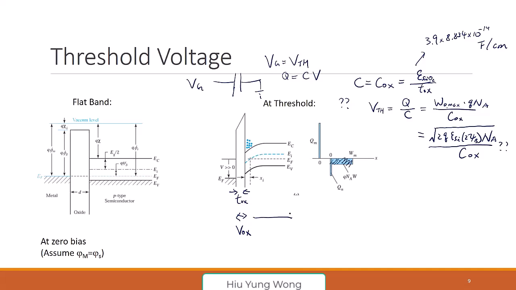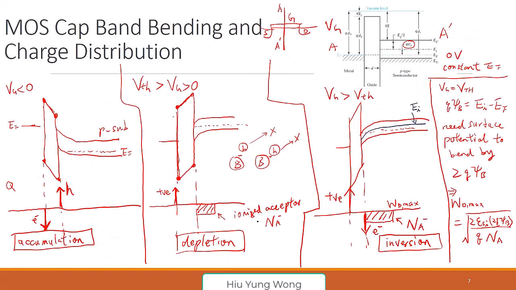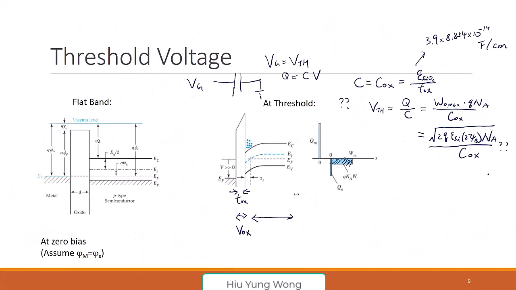You also have a potential across the silicon. But what is the potential when it is just equal to the threshold voltage? By definition, we already say that it is when it bends by 2φB. Okay, so I do have 2φB here. So what I'm saying is wrong, the question mark is wrong.